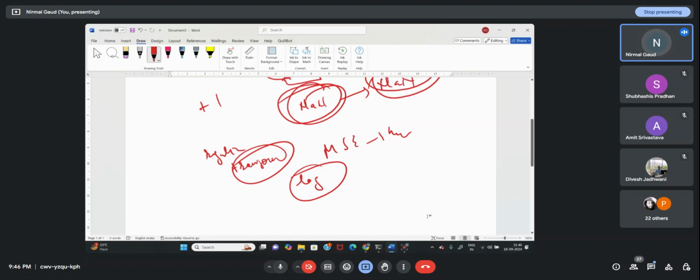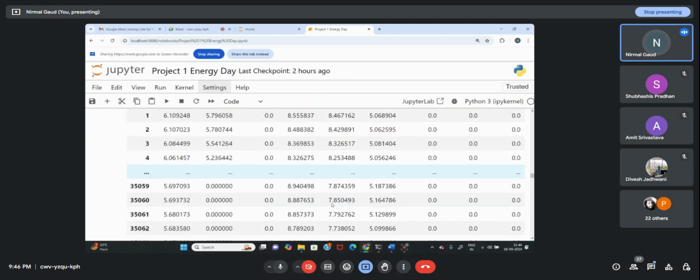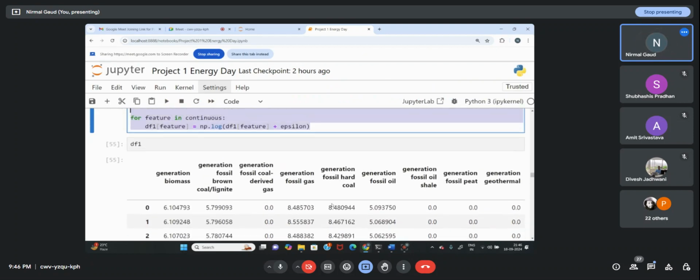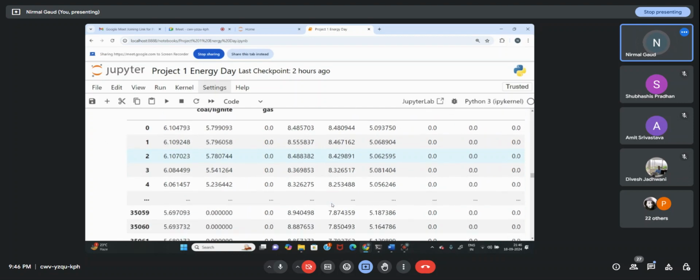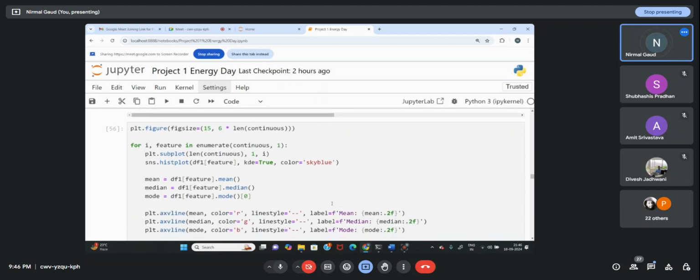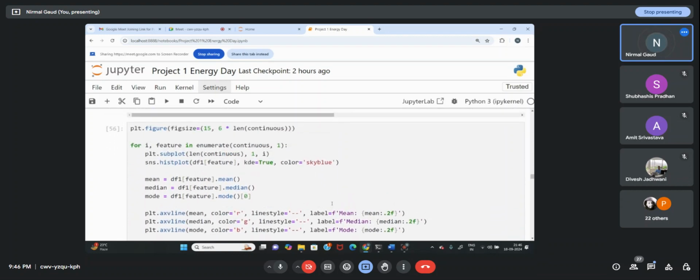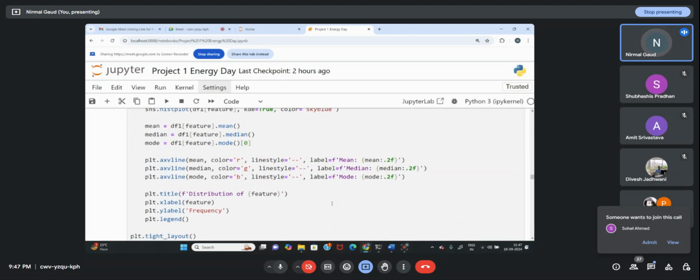After doing the transformation, here you can see the values are converted. I again printed my df1 data frame, and now I have the log values for the continuous features. Then I made histograms for the continuous features again to check whether they have converted into normal or not.